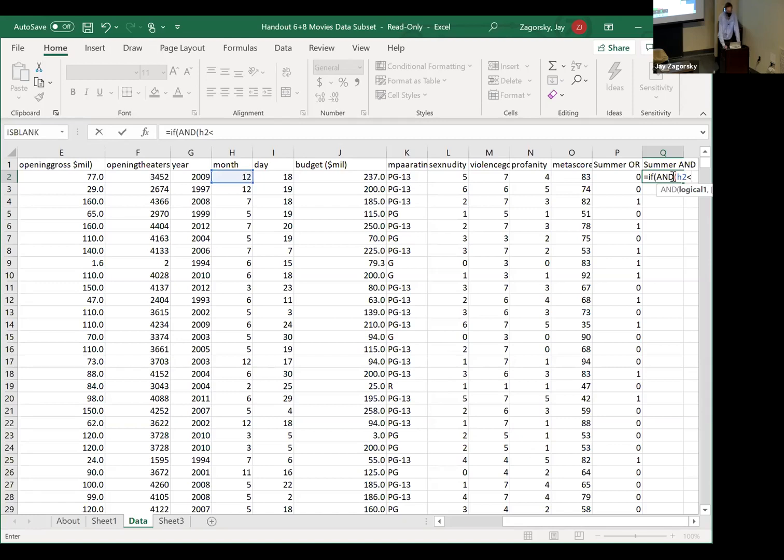All right, and's not going to work. Sorry. Not the and function. We can do a different one. The one I was thinking of was if H2 is less than 6 or H2 is greater than 8, put out a 0, otherwise put out a 1. That was the one that popped into my head.